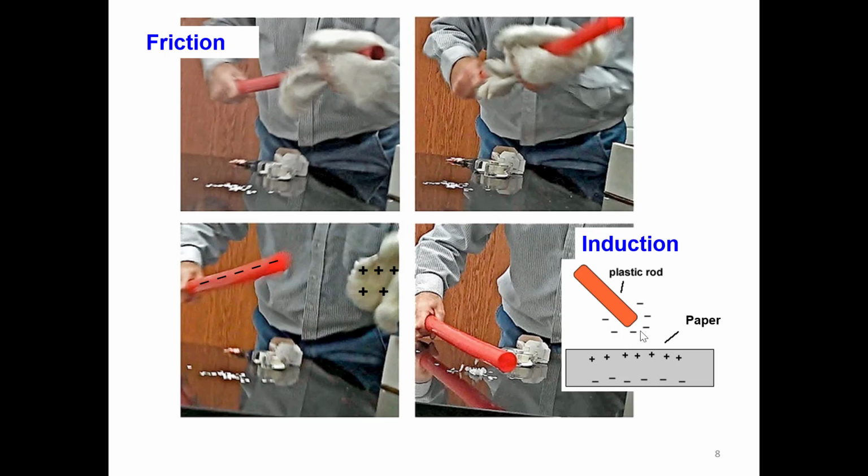The tube is negatively charged, and this side of the paper will be positively charged, so the tube will attract the papers. Remember, positive and negative charges attract, and this is why the tube attracts the paper. In this case, we had a transfer of charge by induction.